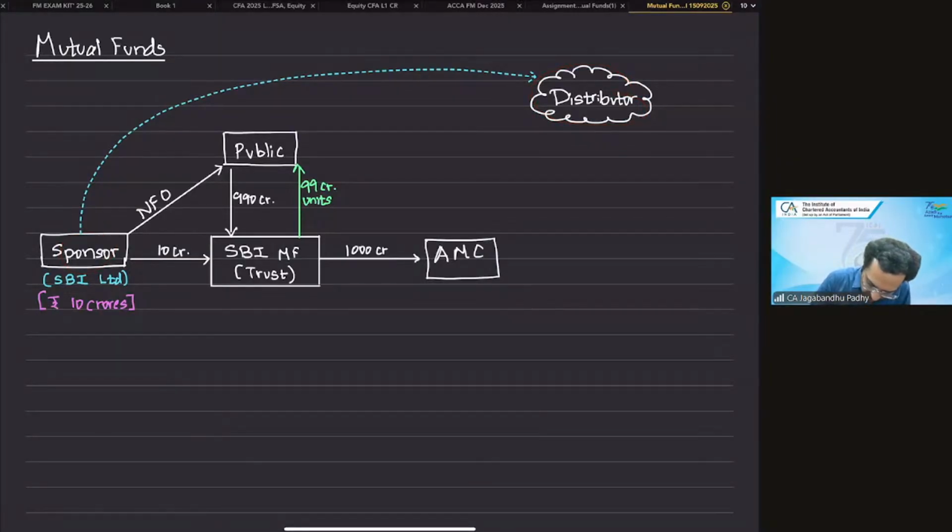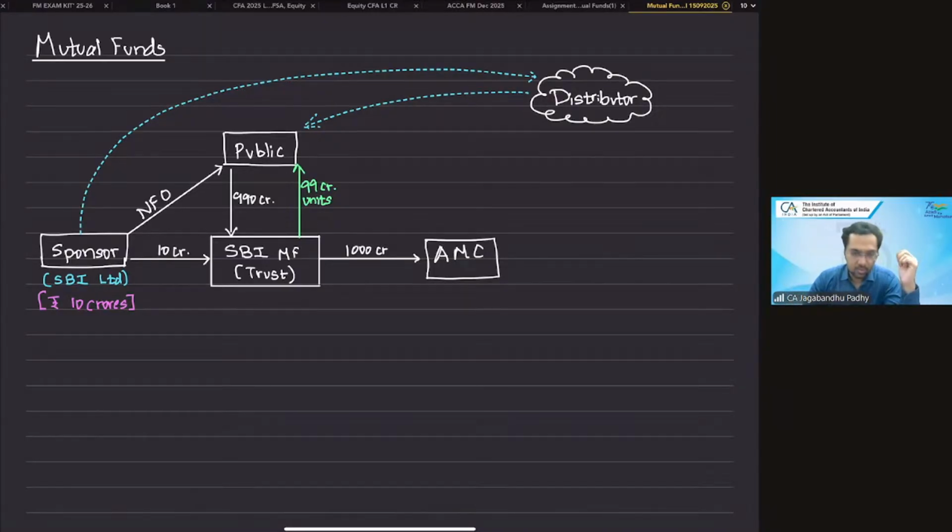So the distributor interacts with the public on behalf of the sponsor, because the sponsor will be giving some sort of rights to the distributor to sell the units in the NFO process, right? That's the distributor we have.